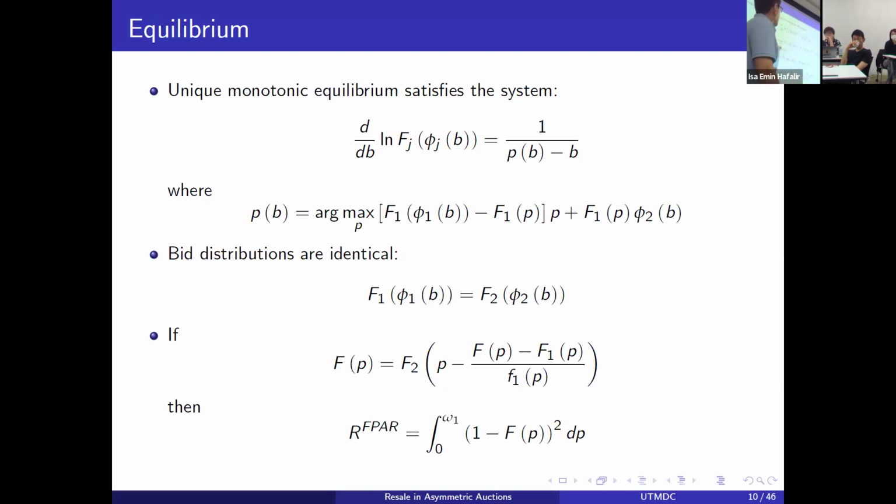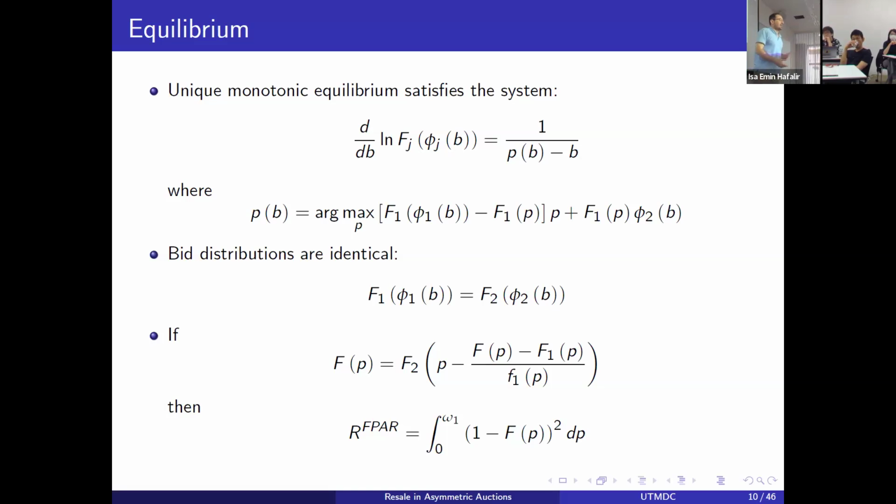You will see more in the next slides, but basically P(b) denotes the monopoly price that is chosen by the winner of the auction when this bidder wins the auction at the price of b. This P(b) is of course greater than b, and it is the maximizer of this expression.